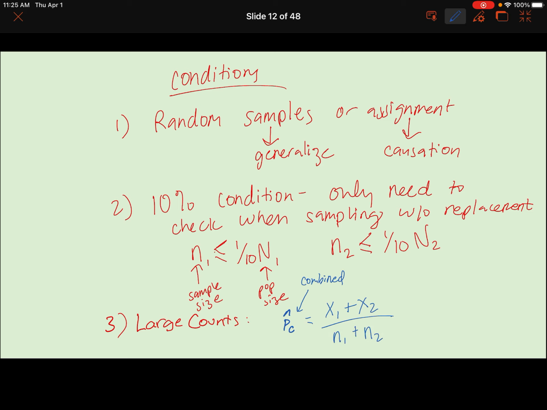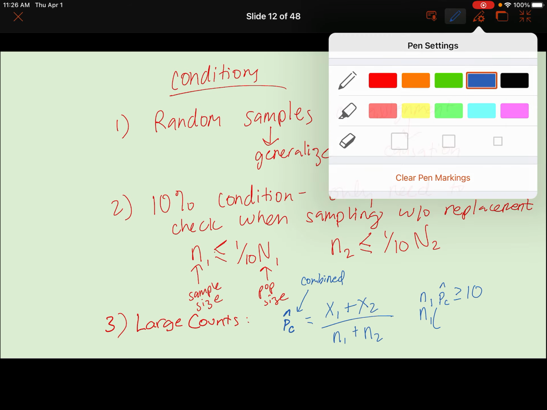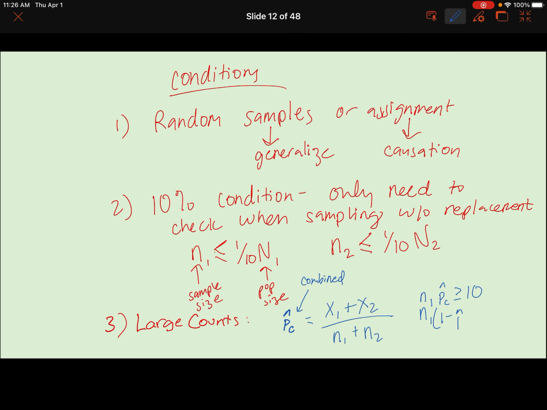Once you do that, we have to check for large counts based off of this. So I'm going to take my first sample, multiply it by that combined proportion. I have to make sure that's greater than or equal to 10. I have to take my first sample and multiply by 1 minus the combined proportion.